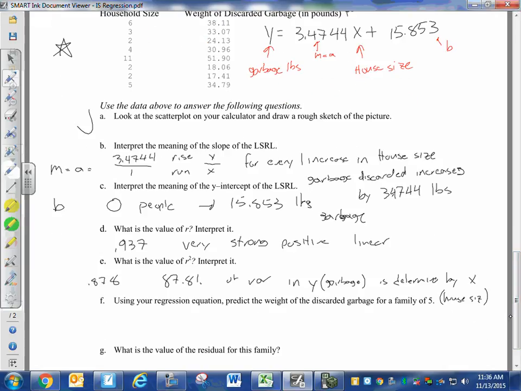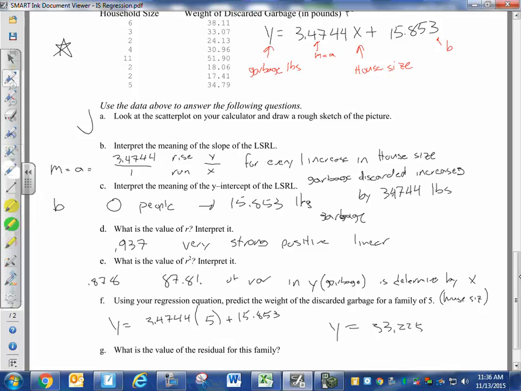Finally, we can use our regression to predict the weight of the discarded garbage for a family of 5. I would say y equals 3.4744 times 5 plus 15.853. I get my value. What do I get? 33.22.